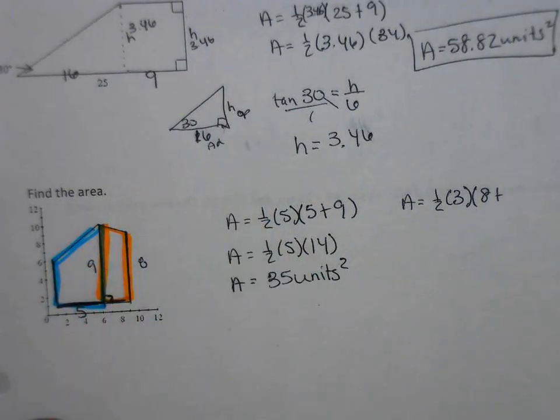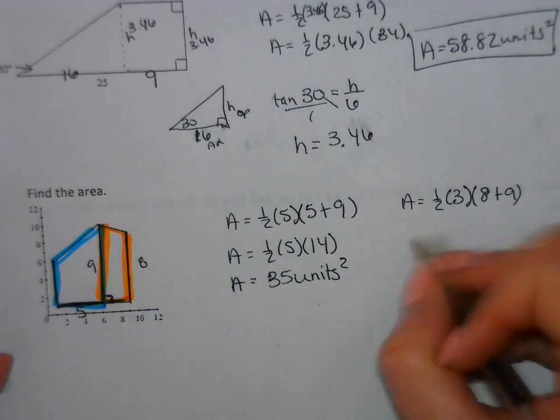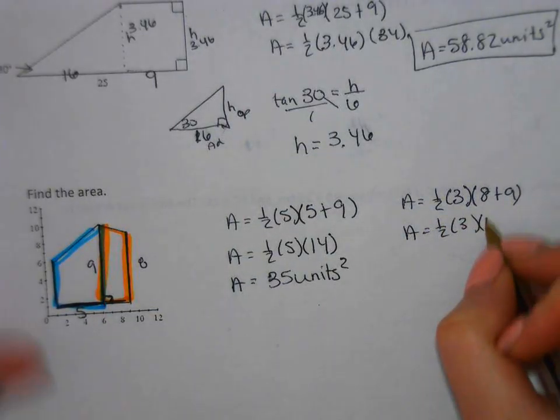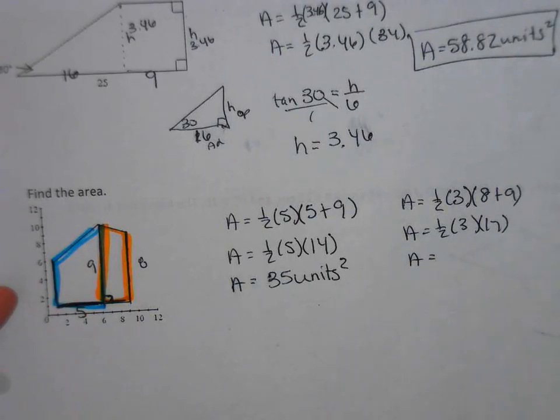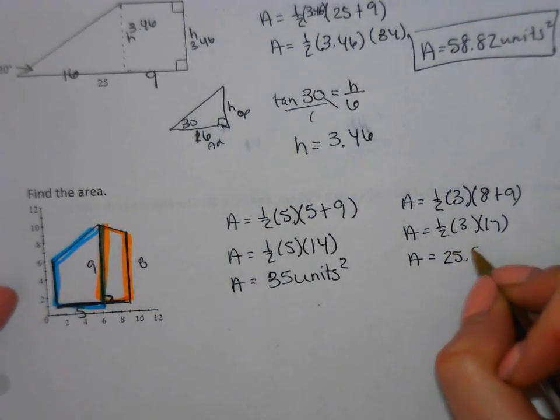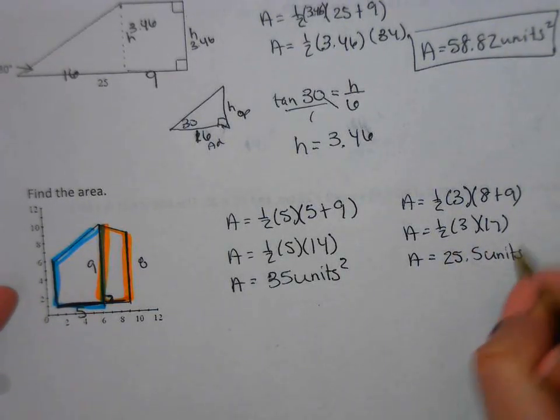And we already know this base is 9. So 8 plus 9, we end up with 17. So the area equals 1/2 times 3 times 17. So the area is 25 5/10 units squared.